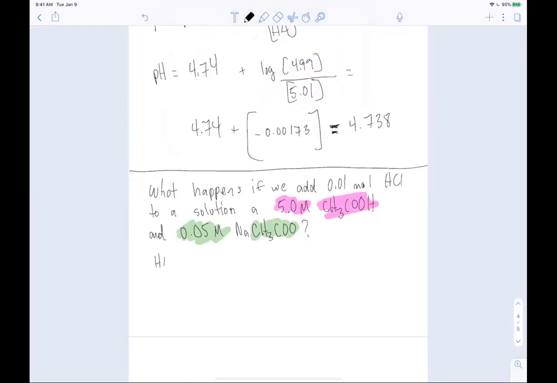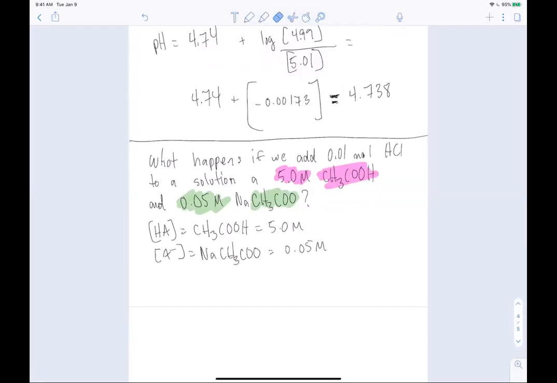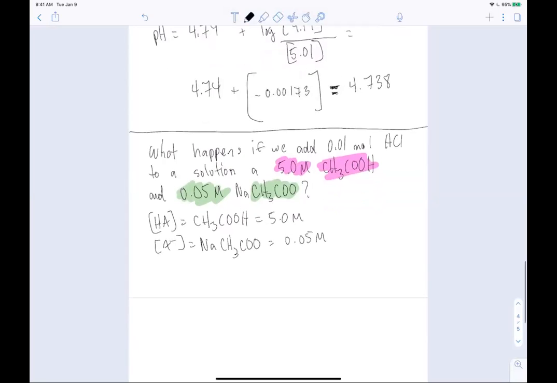So for my buffer, HA, CH3COOH, is going to be equal to 5.0 molar. And then A minus is going to be equal to 0.05 molar.